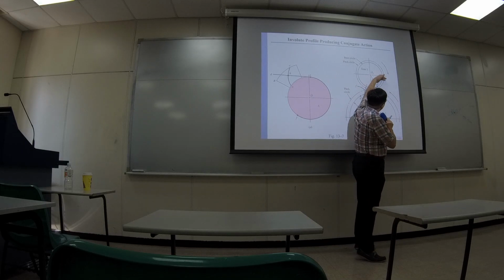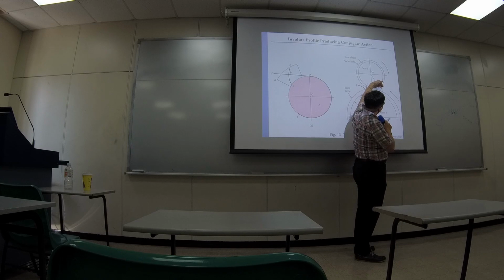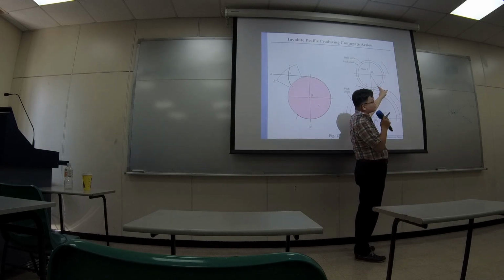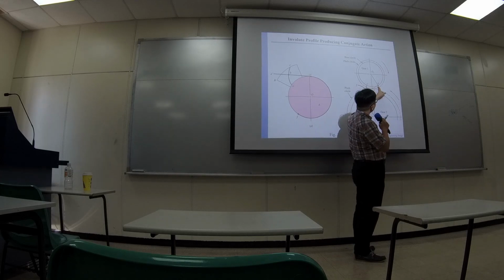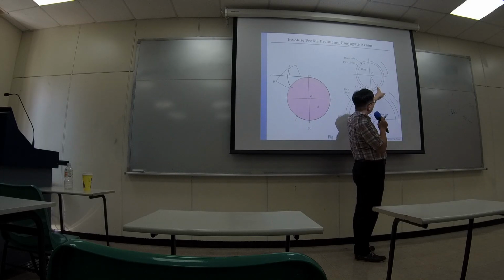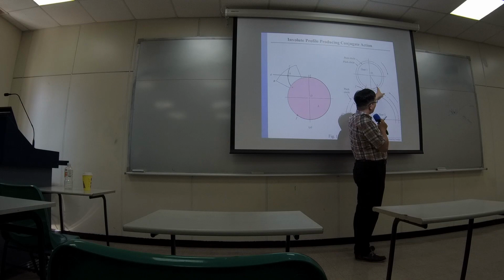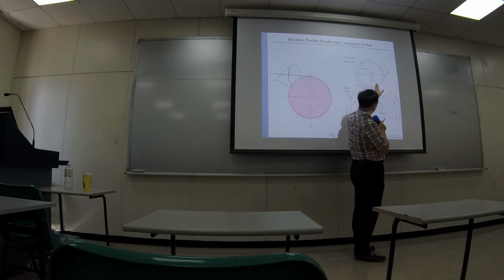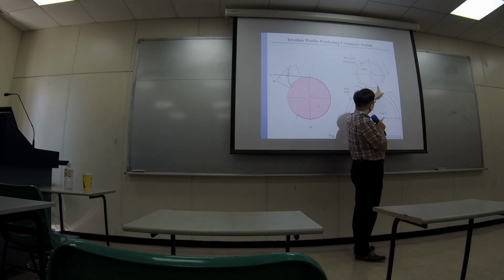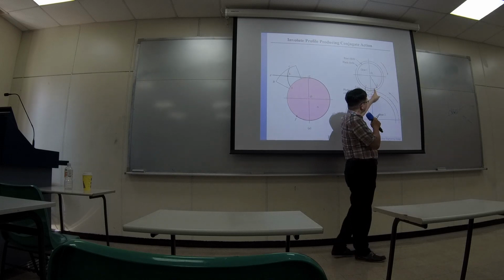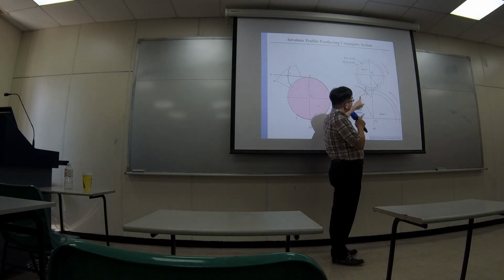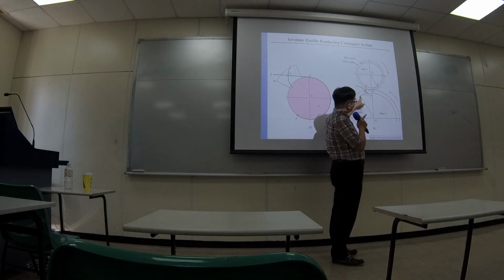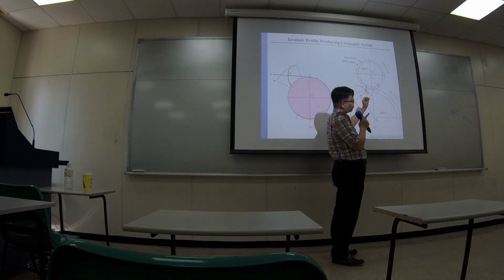When this particular tooth has a conjugate connection with the opposite tooth, the first contact point is point A. From now on, whenever gear 1 continues to spin, the contact point moves along this straight line until it reaches point B, and that's where this connection finishes. Okay?